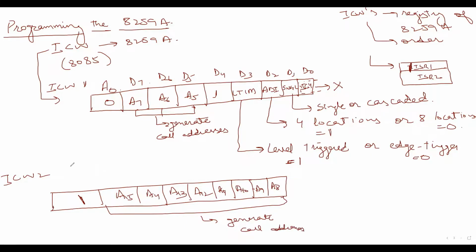Now you can see that these 2 words are mandatory to be there in the registry of 8259A. There are additional words, but those are optional, so we will only look at the mandatory ones, ICW1 and ICW2.